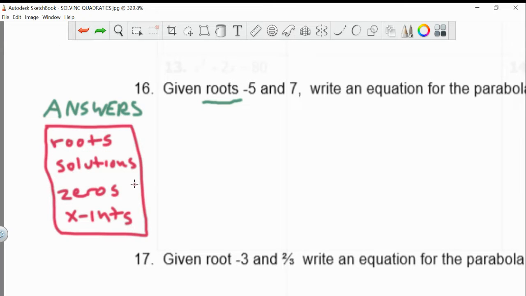And so that's why there's so many different names, because we're talking about them in different ways. But if we know that the roots are -5 and 7, that means the solutions are also -5 and 7. And so that means x equals -5, x equals 7.